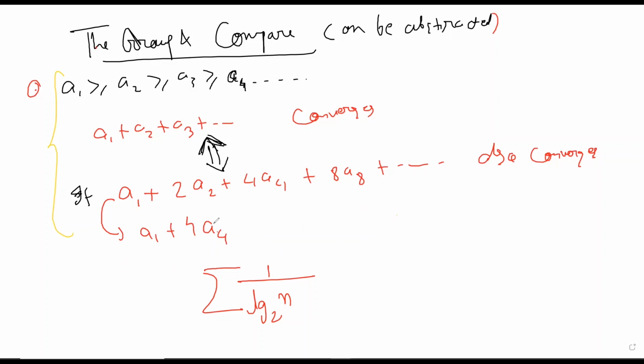Wait, I'm not very confident about that. See, if you apply it again, then it won't become 4A2, because then this will become the first term, this will become the second term, this will become the third term, and this will become the fourth term. So basically what we're doing is you multiply 2 to the second term, 4 to the third term.